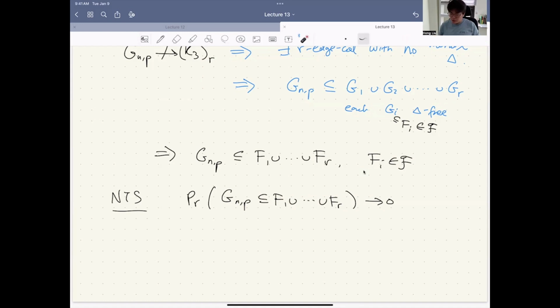What does this mean? Again, let F bar be the complement of these r colors. This is Kn with edges in the Fi removed.